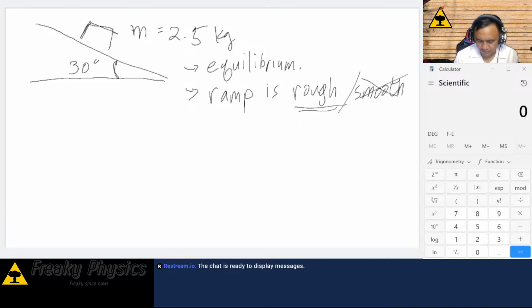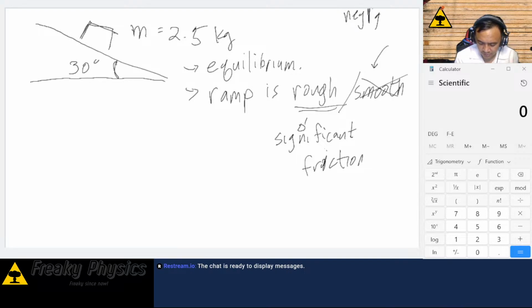Now, what does it mean when we say rough? This means friction is not negligible. Friction is significant. And smooth means negligible friction. So in our case, the ramp is rough and everything else is given.